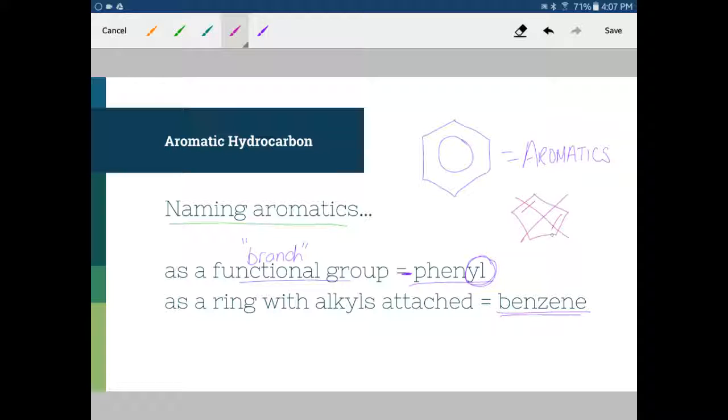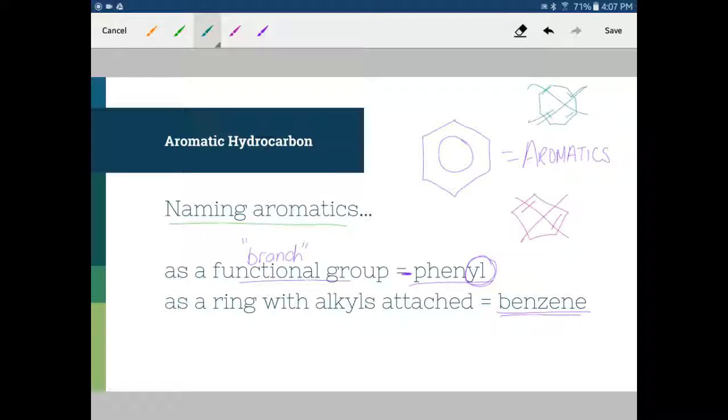It is not any compound that has alternating bonds. It has to be this six-sided shape with our alternating bonds in the middle, and each of these points has a hydrogen coming off of it. It can't be an eight-sided shape where we think, okay, well, if there are alternating bonds in our eight-sided shape, then that's an aromatic.